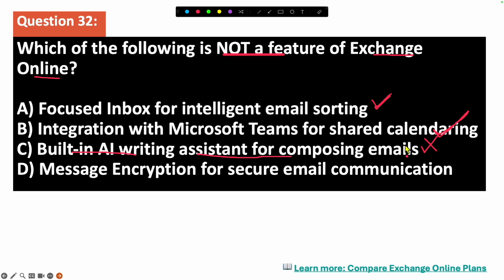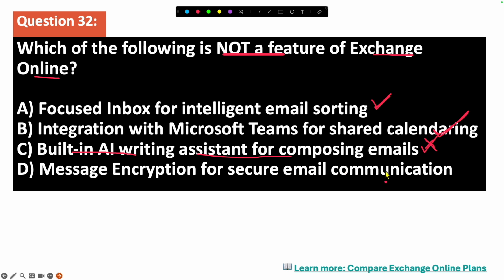But if you purchase a Copilot license, then Copilot will add certain functionality on top of Outlook or on top of your Exchange Online, wherein you would be able to take help of an AI writing assistant to compose email, draft new content, things like that. So for this question, I'm saying that this is wrong, but in a broader generic conversation, yes, but you have to tell that, hey, that's a Copilot functionality. You can add Copilot to make that happen.